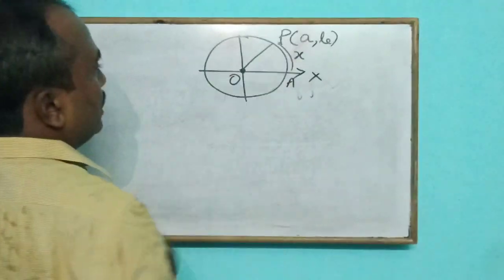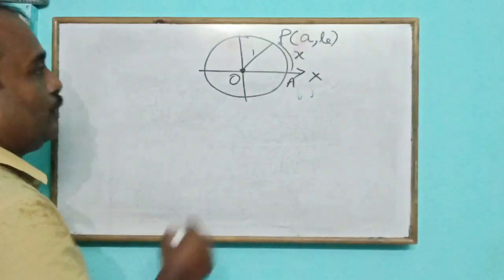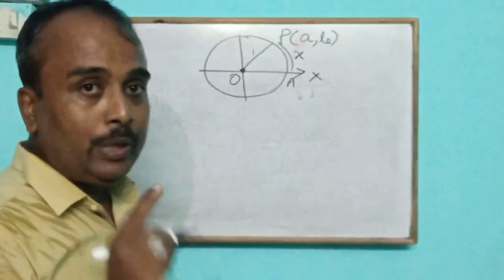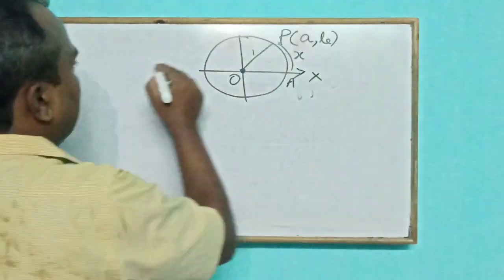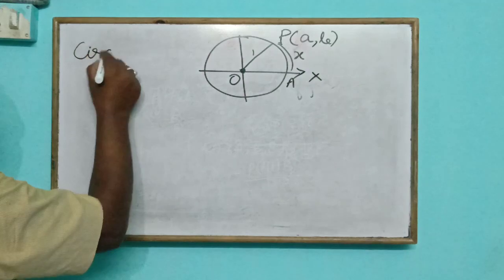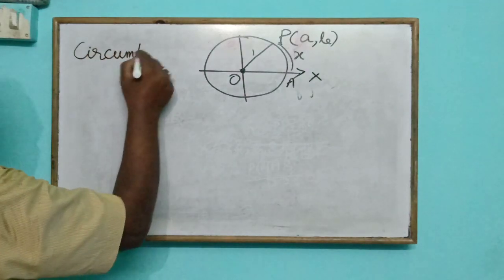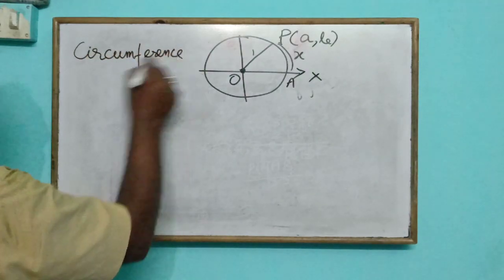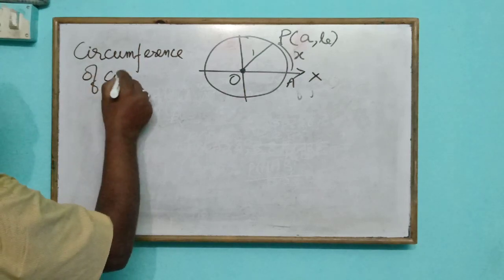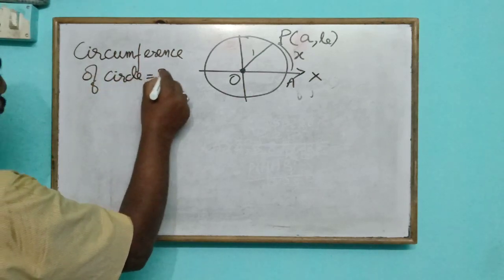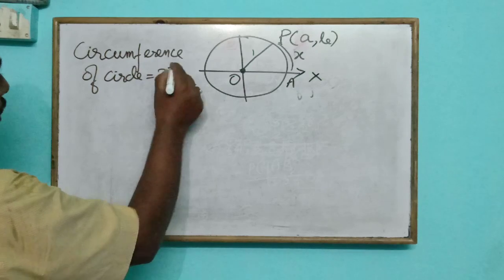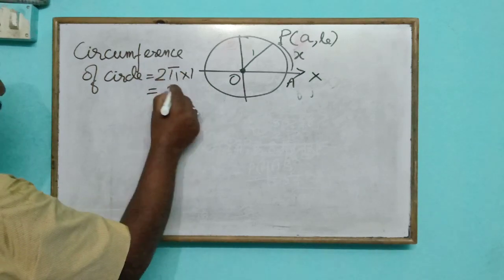If the radius of this circle is 1, or we can say that we have considered a unit circle, then the circumference of circle is 2 pi into 1, that is 2 pi.